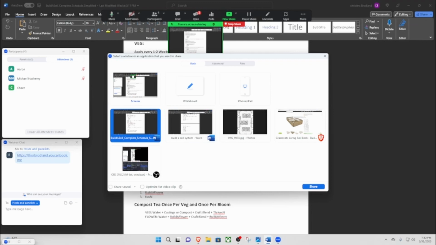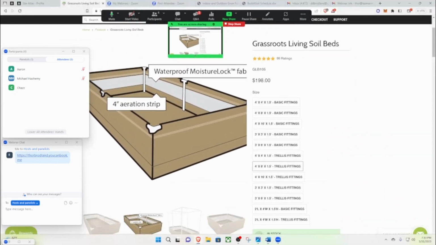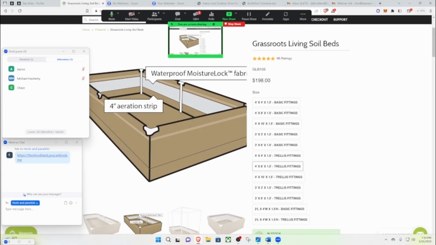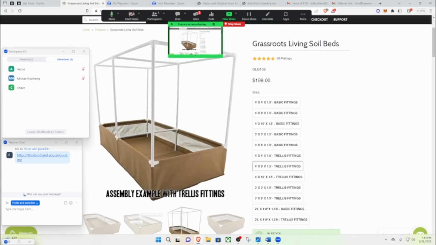And then let me see what else we got. So this was the planter, the actual big 4x8 planter that you'd be able to switch in with the trellis stands.